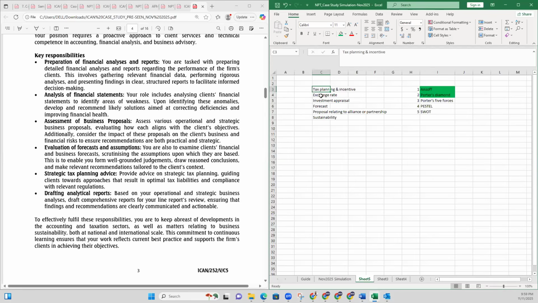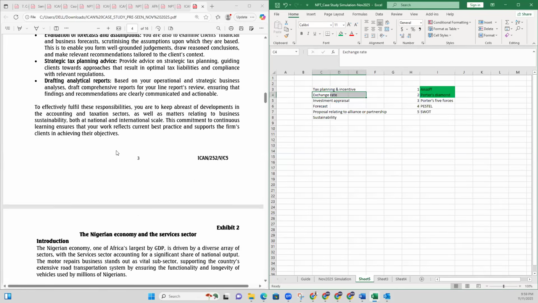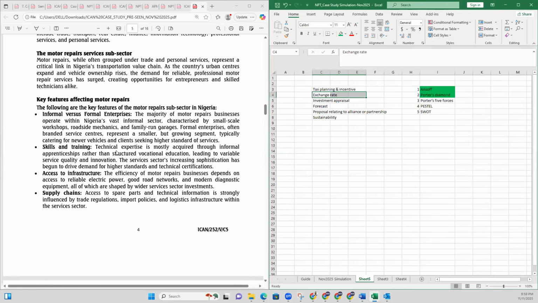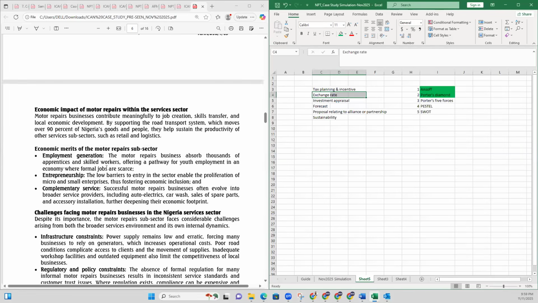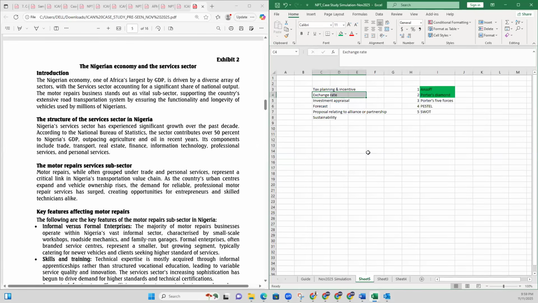And then the other bit is exchange rate. And if I get your point here, when someone mentioned exchange rate, it looks like the only part we saw exchange rate is those guys that import, the subsector that deals with import a lot. And it might just be one of those factors that you need to discuss. For example, if you find yourself doing Porter's Diamond, exchange rate will be a big discussion.